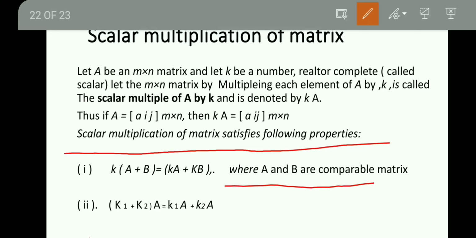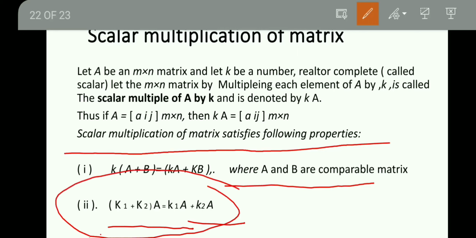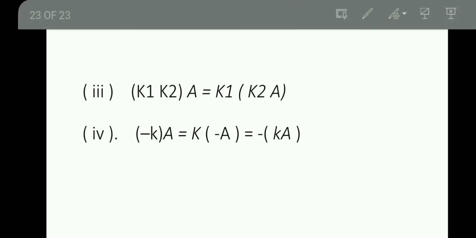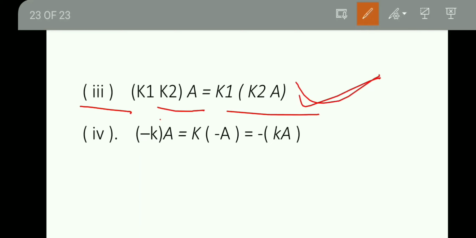And (k1 plus k2) into A is equal to k1 A plus k2 A. That is called the second scalar multiplication property. Third one: (k1 into k2) into A is equal to k1 into (k2 into A). That is called the third scalar multiplication law.